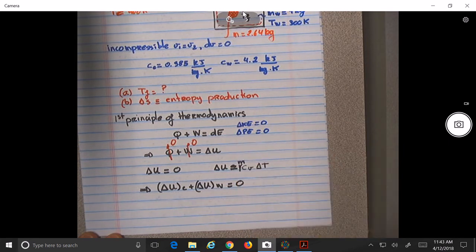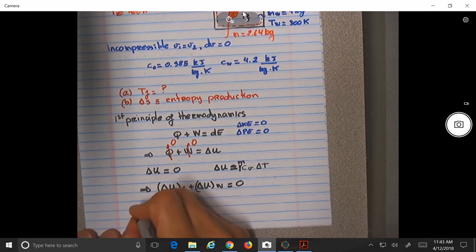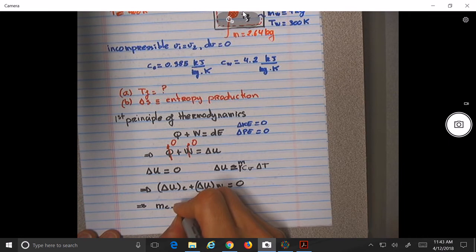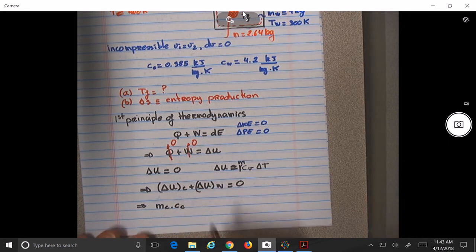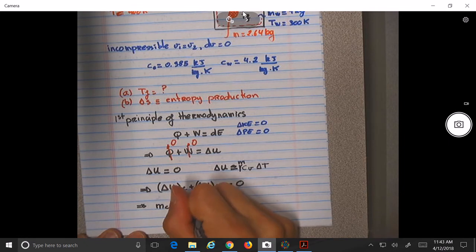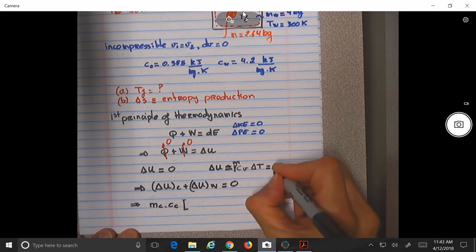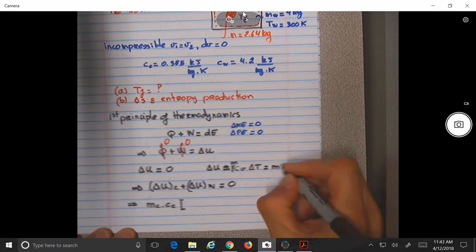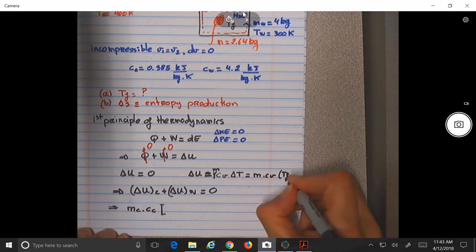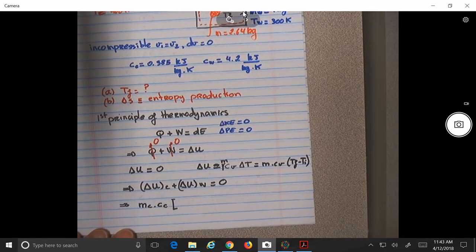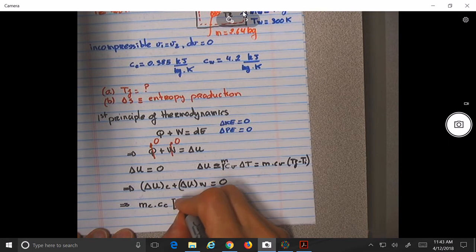So this will mean mass of copper times C of copper. What is the delta T over here? It will be the final minus the initial, no? The final is what we are looking for.